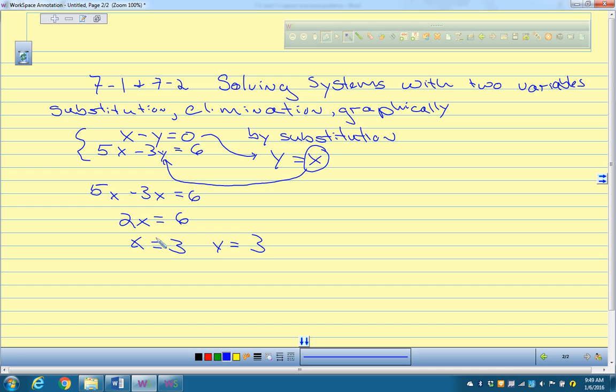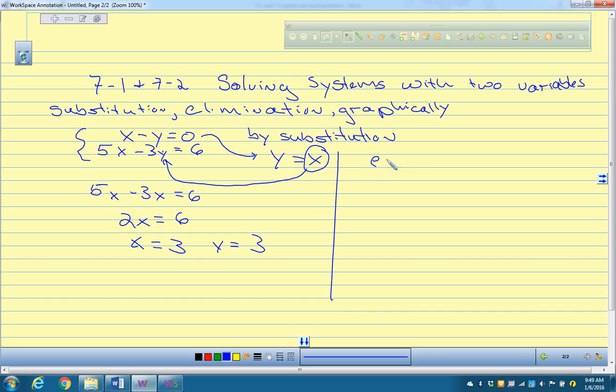Because y equals x, so x and y are the same thing. You could check to make sure that's true by plugging them both in. 3 minus 3 equals 0. 5 times 3 minus 3 times 3 does equal 6. Okay? So that's how I'd solve that by substitution.